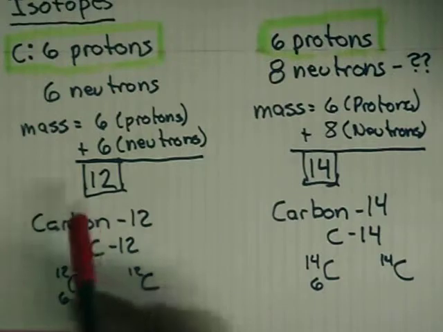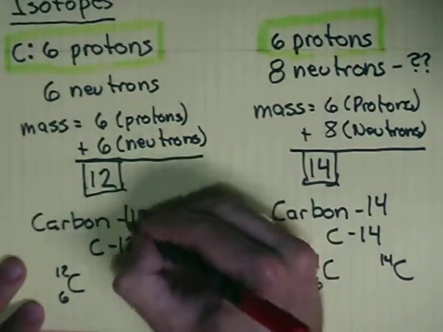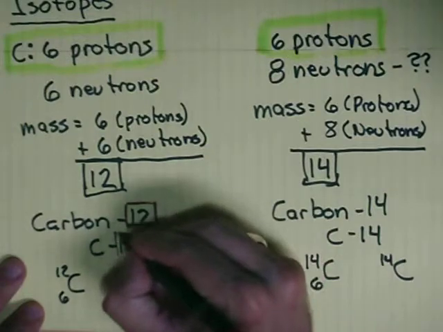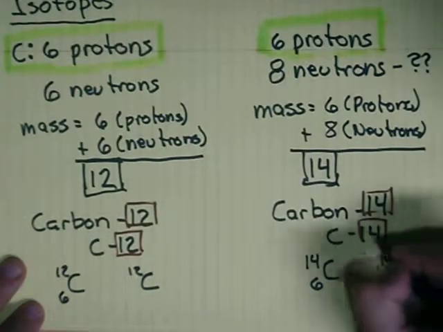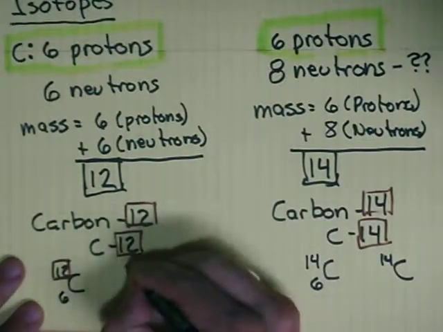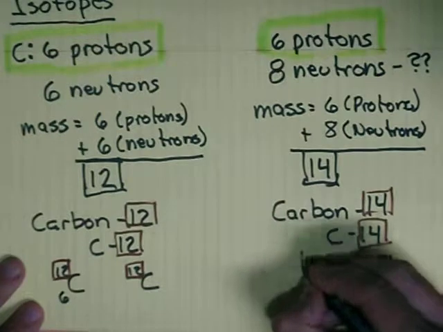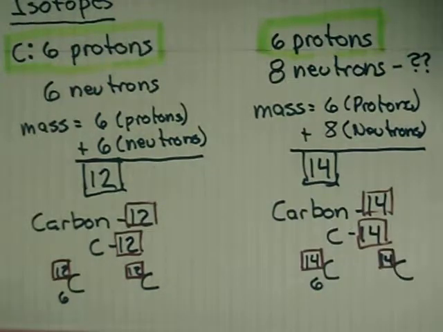So it's either the name and the symbol with the mass following it, or we put the mass in the top left. And that is how we differentiate and write down the different isotopes.